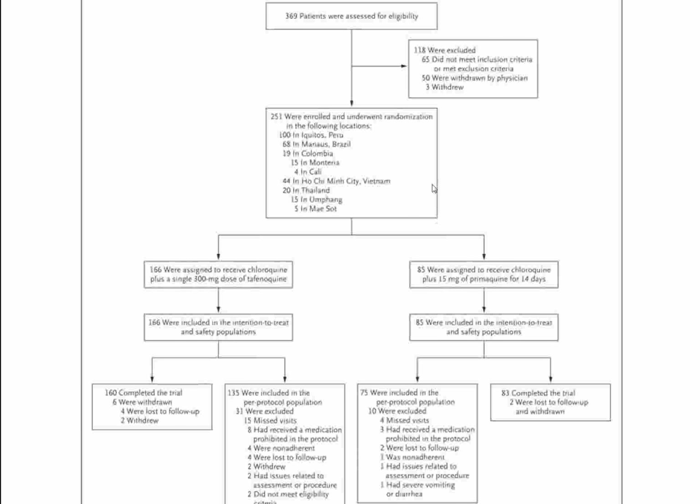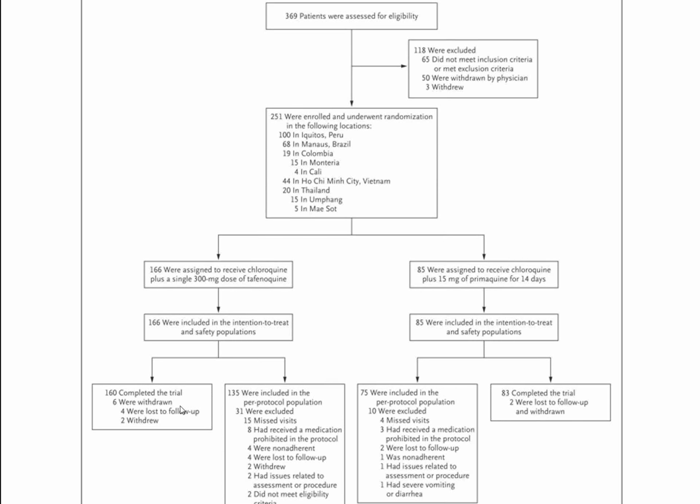And this is how frustrating this study is. So they've found 369 patients with malaria, then they have to convince them to be enrolled in the study. And there were Ho Chi Minh City and Cambodia and Colombia and Brazil and Peru, etc. And then they were assigned to these various groups in the ratios shown here.